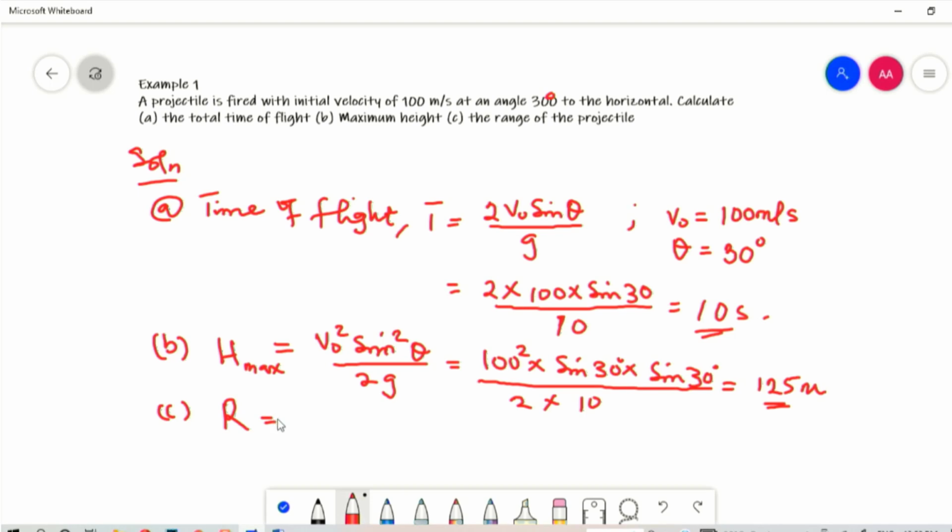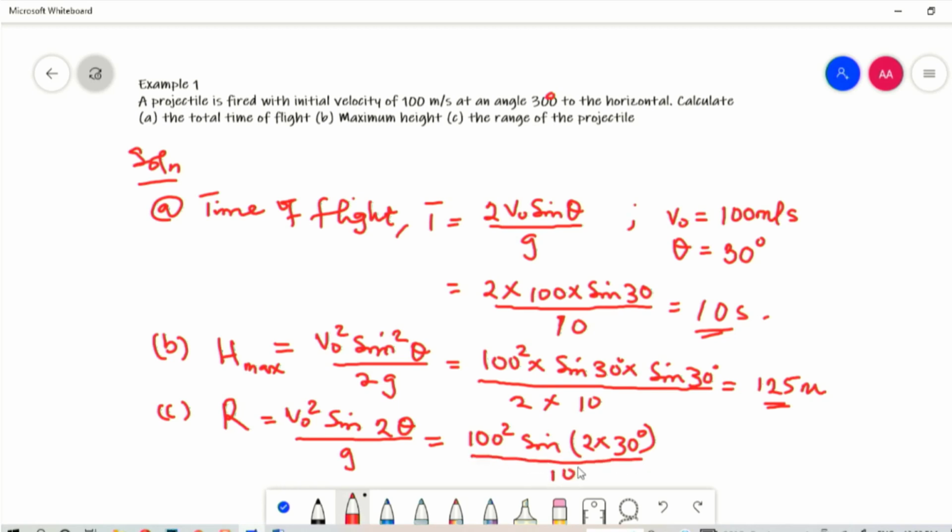Also, in a similar way, to find the range of the projectile, we use the formula R equal to v naught square sine twice of theta upon g. By substitution, we have 100 square sine 2 times 30 degree upon 10.